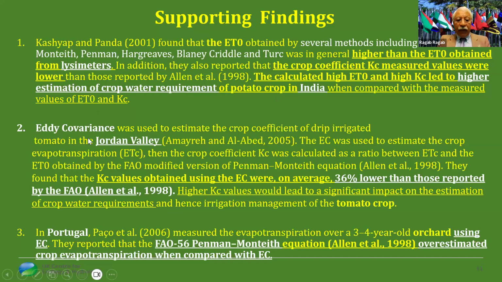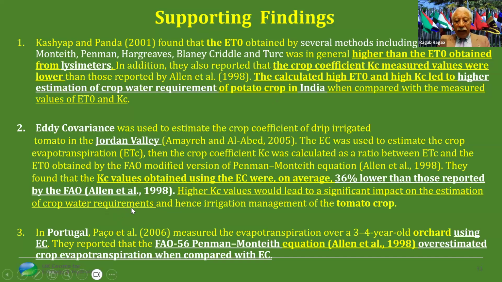Another researcher in the Jordan Valley also used EC, or Eddy Covariance, and found the evaporation obtained by Eddy Covariance was 36% less than that reported by FAO.